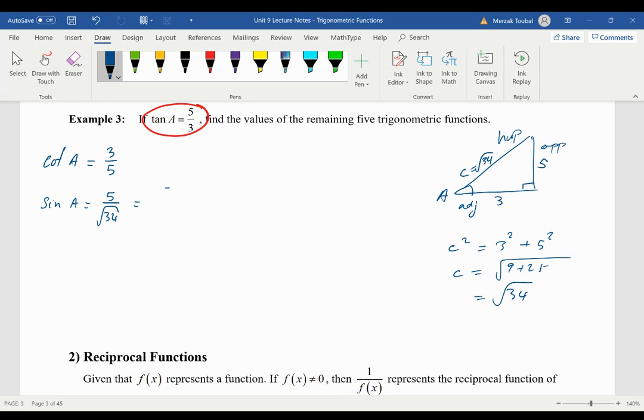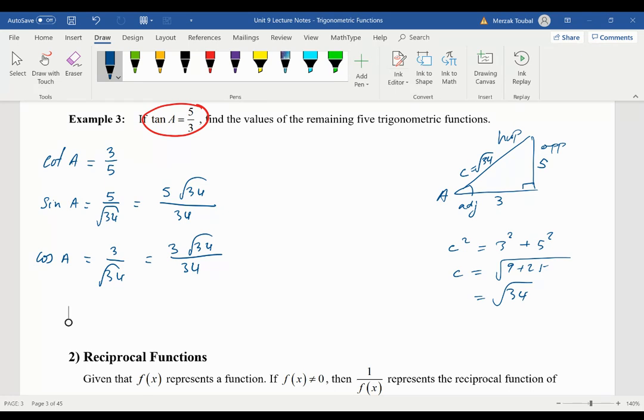When we rationalize, we get 5 root 34 over 34. Then let's do cosine of A, which is adjacent over hypotenuse, 3 over root 34. After we rationalize, it's 3 root 34 over 34.